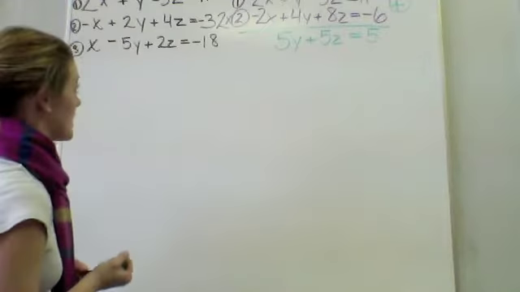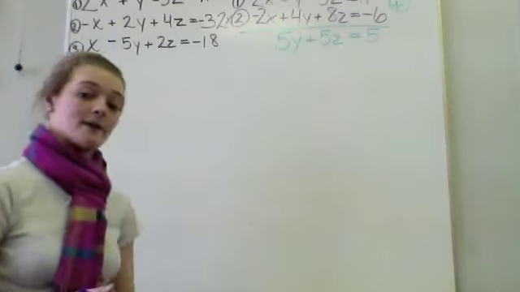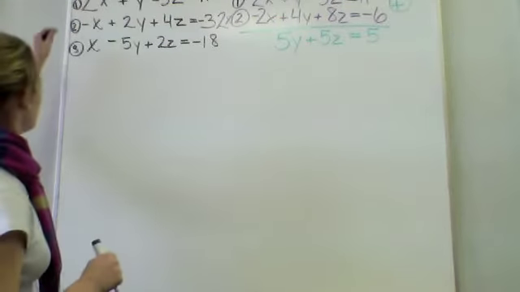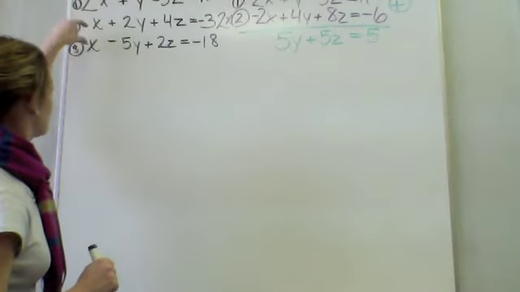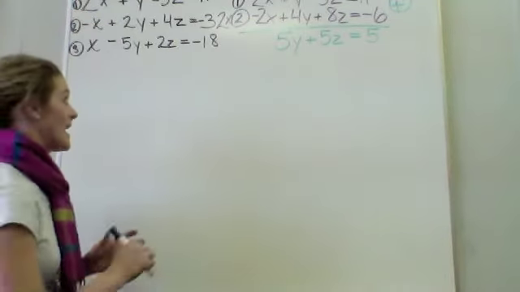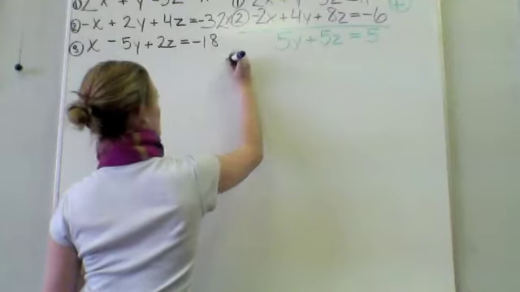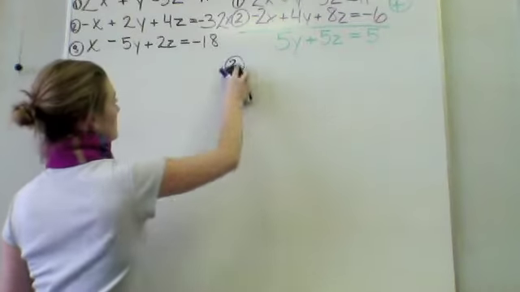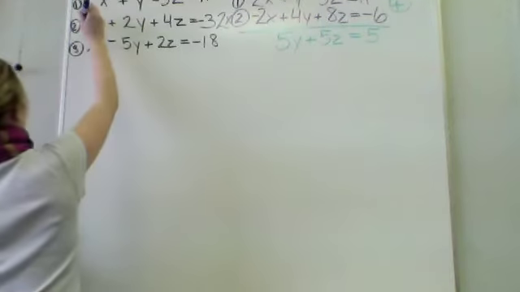The next one, I'm choosing to look at my second and my third. This is going to be easy for me to eliminate because negative x and a positive x will quickly add and eliminate together. Actually, let me just write these two next to each other.